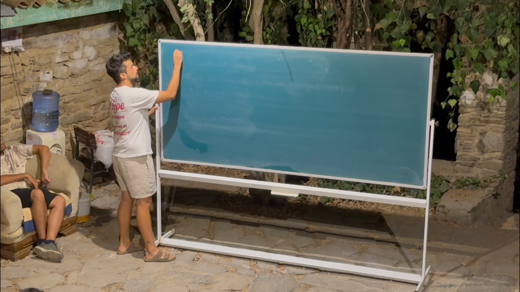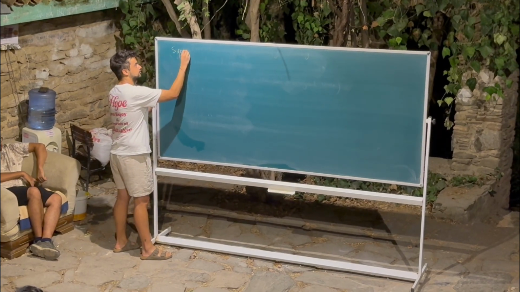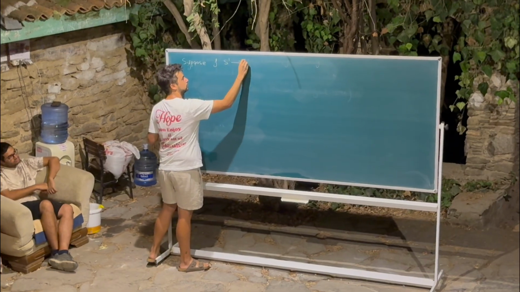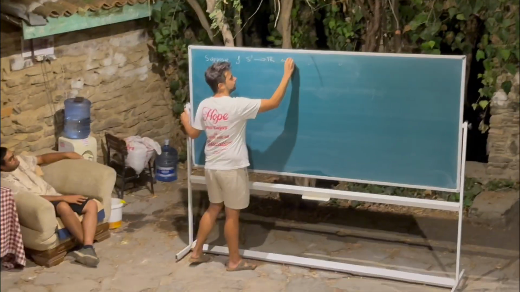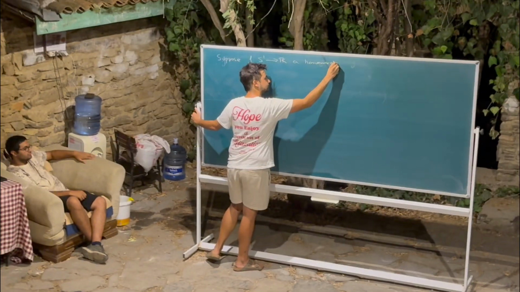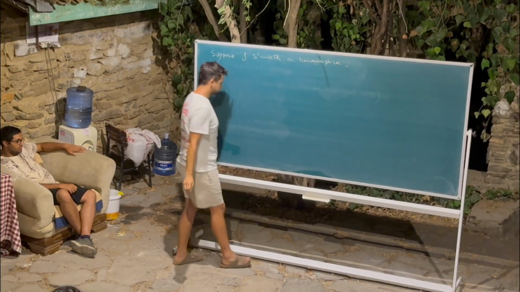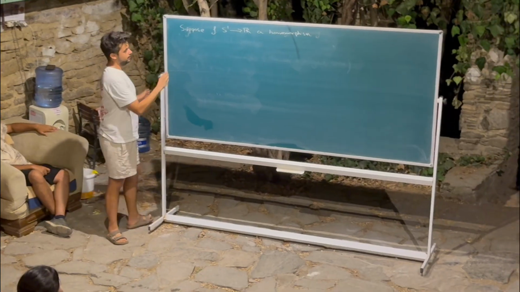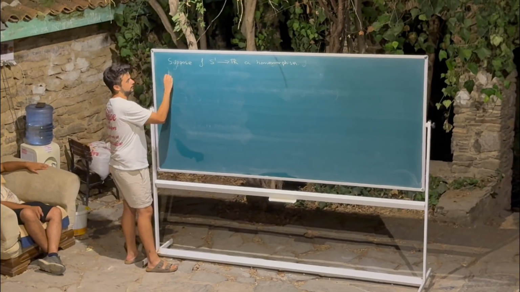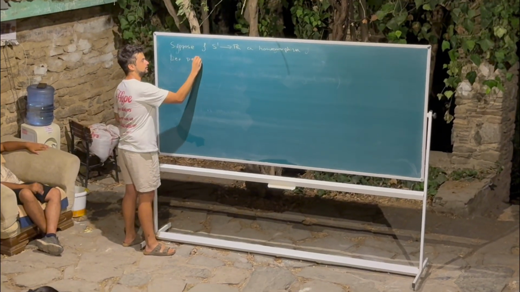Suppose we have a homeomorphism f from S1 to R. I'm going to choose my favorite point in S1, P. Let P be in S1.